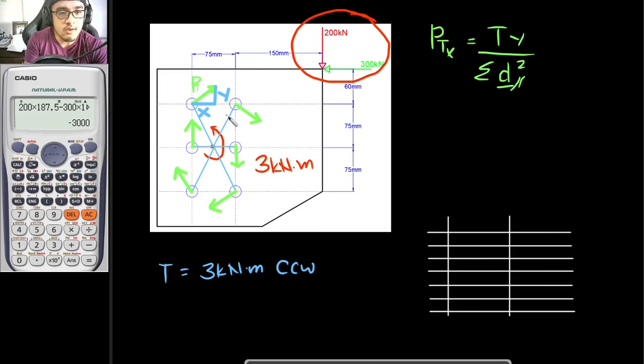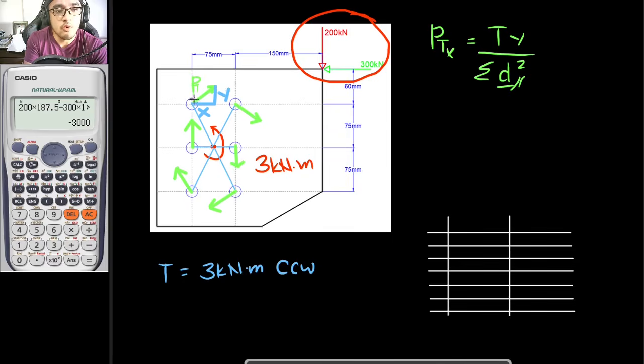So from the centroid to each of these bolts right here, you would be getting its distances, you would be getting its squares, and you would be getting its summations. So the summation of the squares of their distances. It would be as simple as that. And as for this y right here, this is the y component, from the center up until that point that you are analyzing.